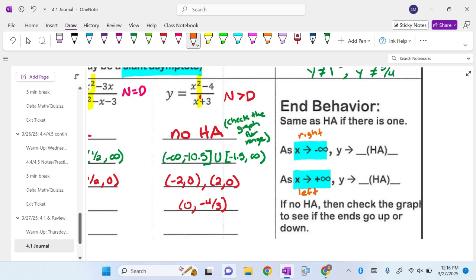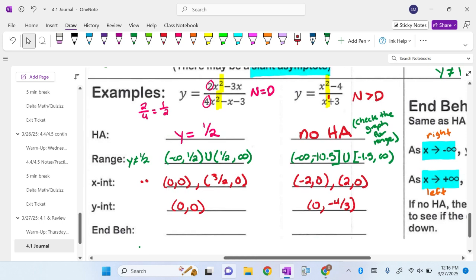Now, for these, basically, if you have a horizontal asymptote, that's where your y is going to approach every time. You don't have to figure out if the ends are going up or if the ends are going down. It's really just whatever the horizontal asymptote is, that's where the y approaches.